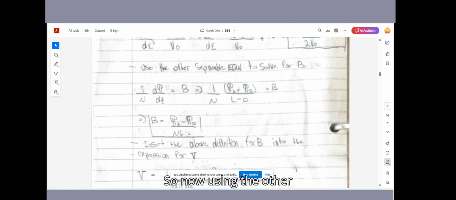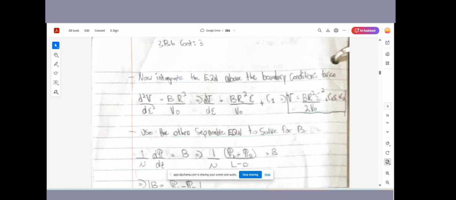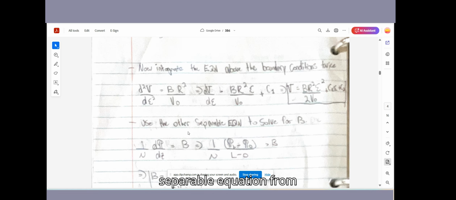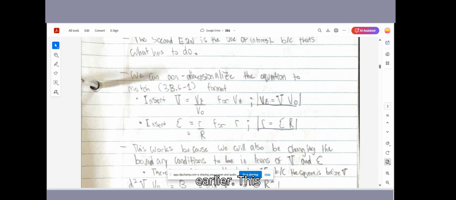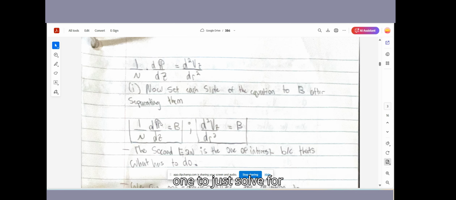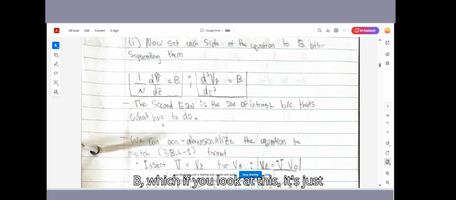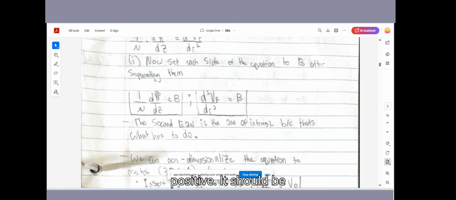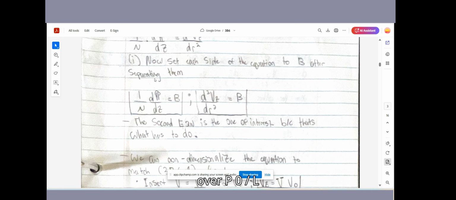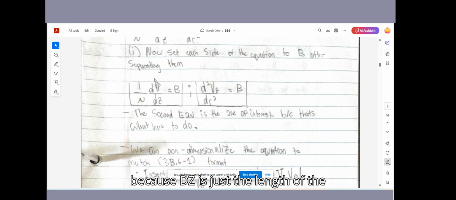So now using the other separable equation from earlier, this one, to solve for b, which should be negative, right? No, it's positive. It should be modified PL over P0 divided by L, because dz is just the length of the pipe, the final minus the initial.